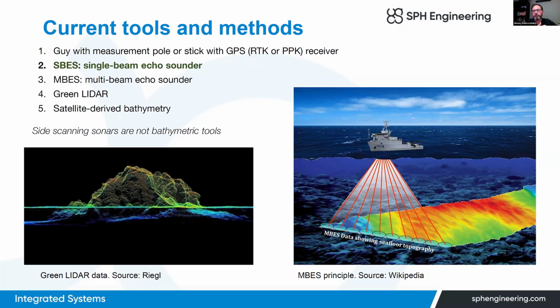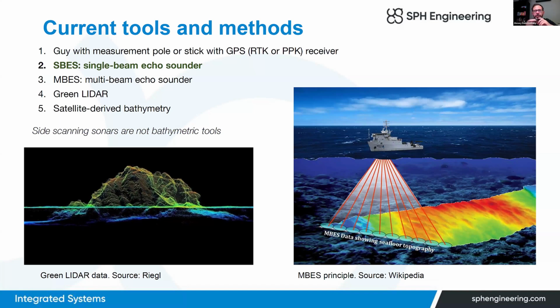And it will stay forever because single beam echosounder systems are much simpler to operate, and in general they have better accuracy and precision. A big benefit is that using dual frequency single beam echosounder systems, we can sometimes penetrate sediments.